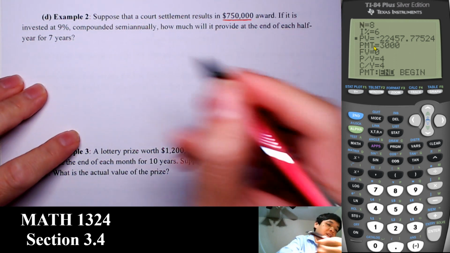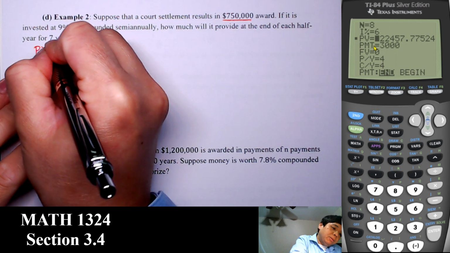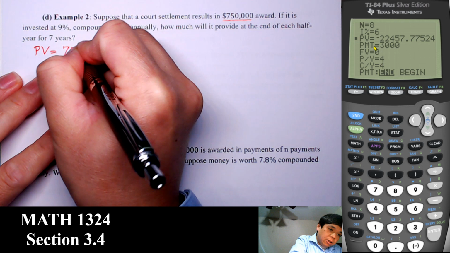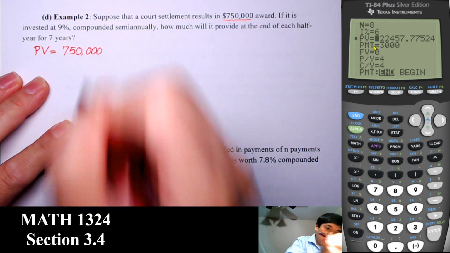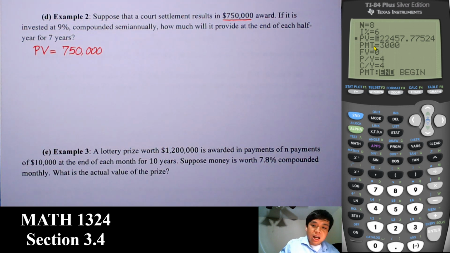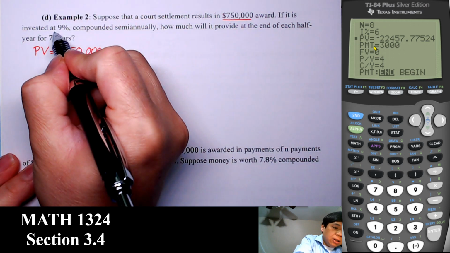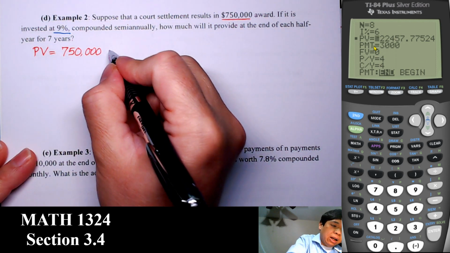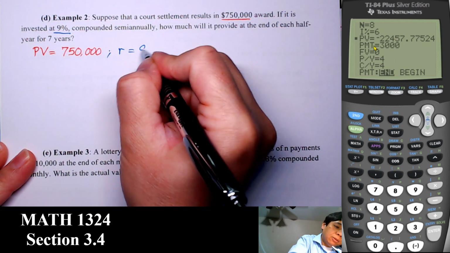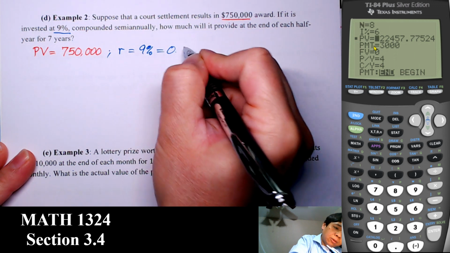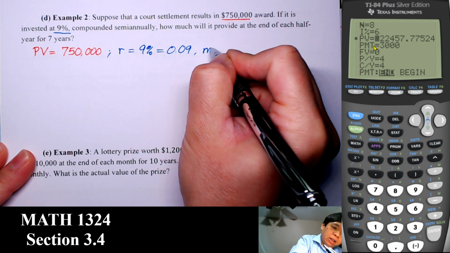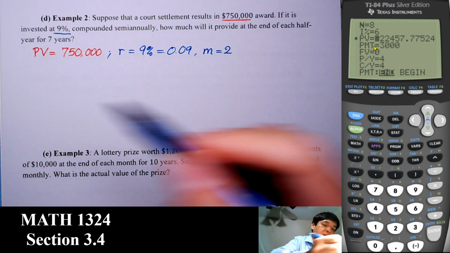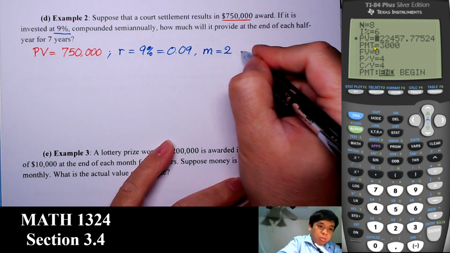The present balance is invested at 9%, semi-annually, 2 times a year. How much will it provide at the end of each half year? So in that case, this problem asks for the payments.